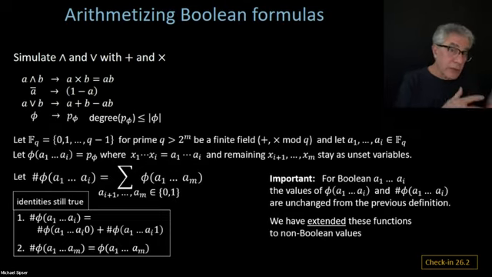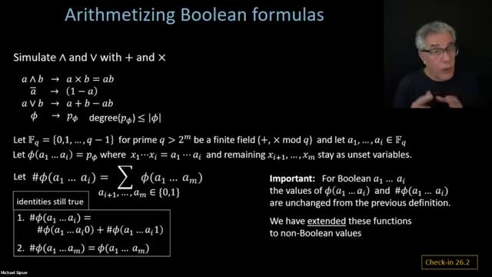It was an OR of 0, 0, or possibly 0, 1, or possibly 1, 0. And so we never had to deal with the case of an OR of 1, 1. And here we can have that. So we have to subtract off that AB term, because otherwise, if we just had A plus B, then in the 1, 1 case we would end up with a 2. And that would not be a faithful simulation of the OR operation, because 1 or 1 should be just 1, not 2.